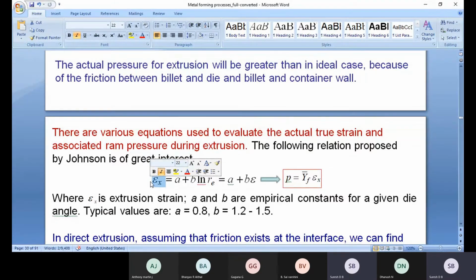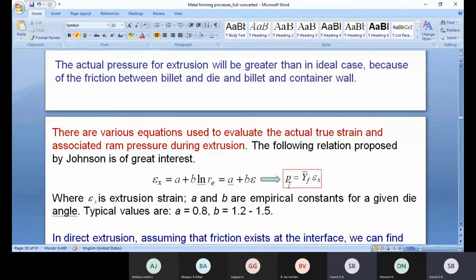Epsilon x, the strain produced along the x direction, equals small a plus small b into ln R suffix e. This can also be written as small a plus small b into epsilon. Ram pressure is denoted by P equals Y bar suffix f into epsilon x.